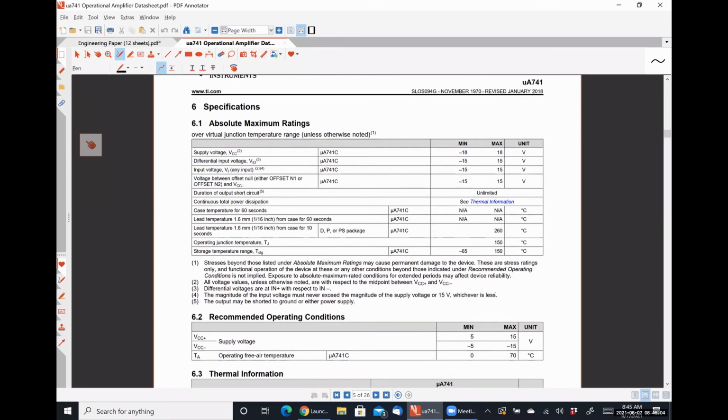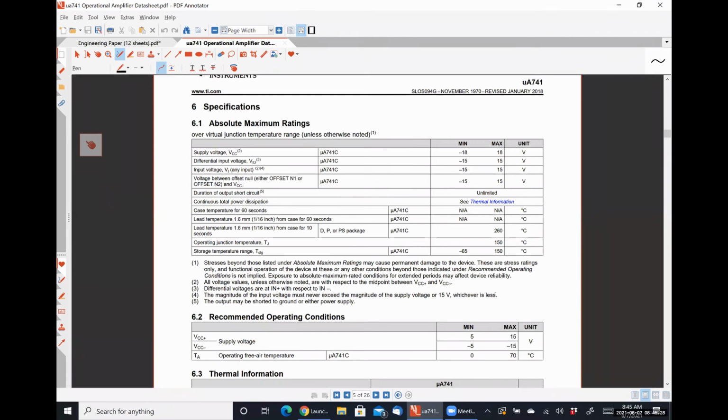So here are the absolute maximum ratings, and the first thing that's listed is the supply voltage, okay? So the minimum voltage is negative 18 volts, and the maximum voltage is positive 18 volts. So as long as your VCC plus is 18 or less, and the magnitude of VCC minus is 18 or less, this guy will work, okay?